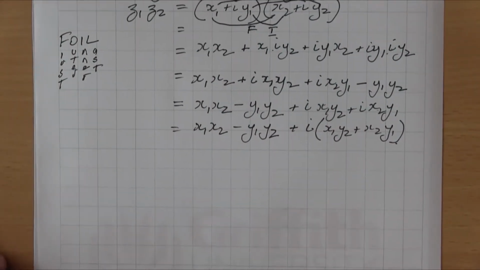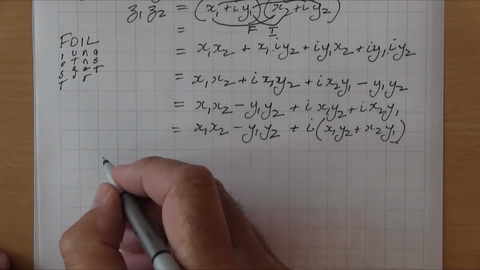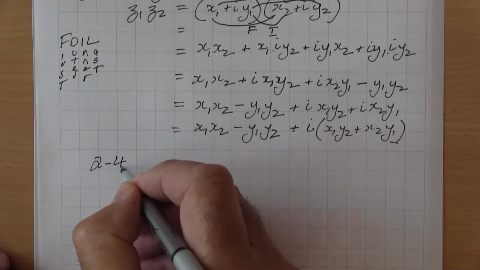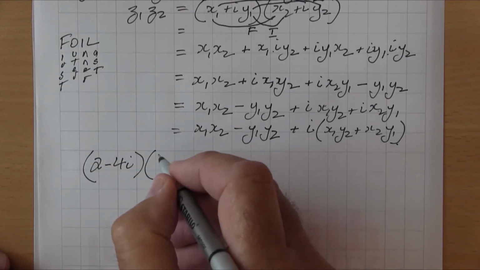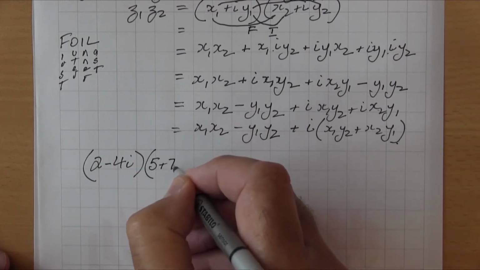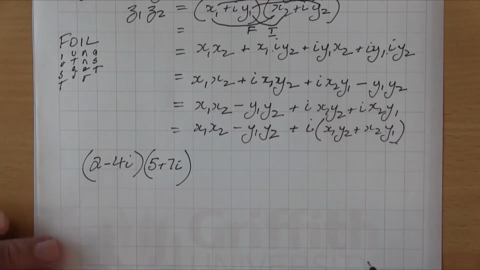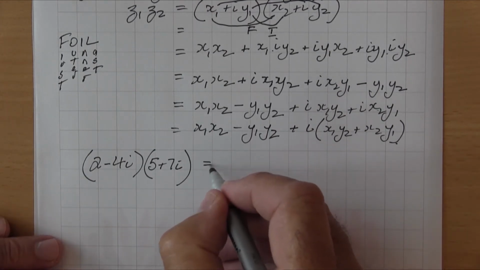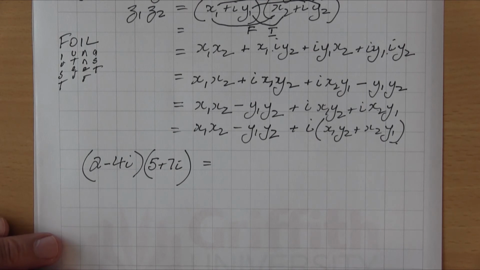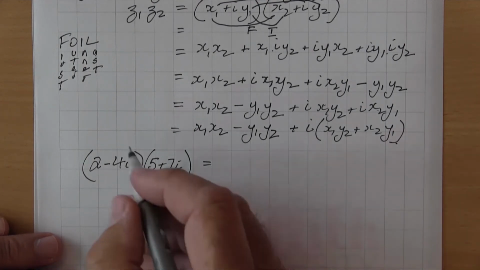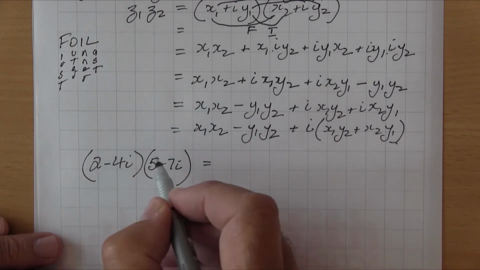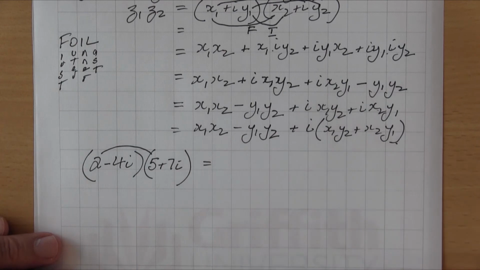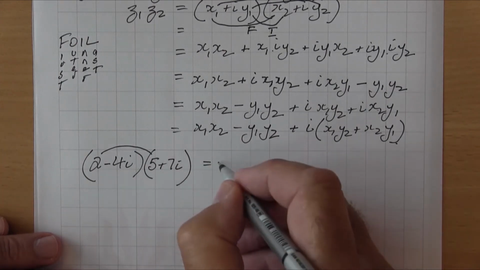So if we've got, let's say, 2 minus 4i times 5 plus 7i, we can use FOIL straight up. If we multiply the first together, which is those two, 2 times 5 is 10.